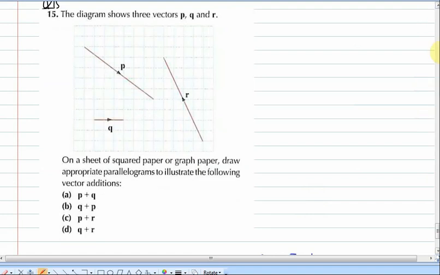So I will explain the first part, but before that make sure that you have drawn these three vectors on your graph paper.